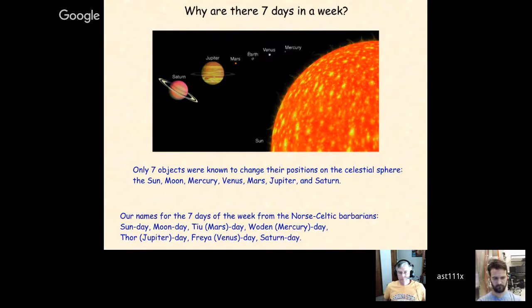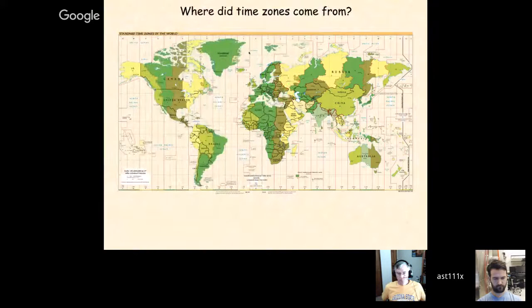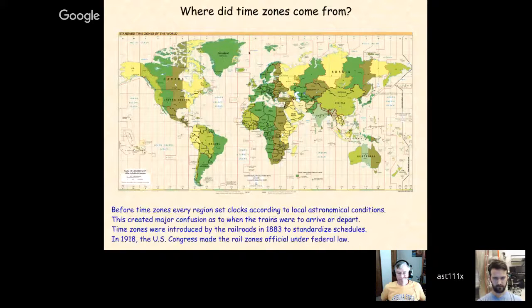So even our names of the days of the week are rooted in time, and they stay around with us since antiquity. So finally, where did time zones come from? How did that happen? Why did anybody come up with that? The reason time zones were invented is because we started to travel, and in particular, it was done by the railroads.